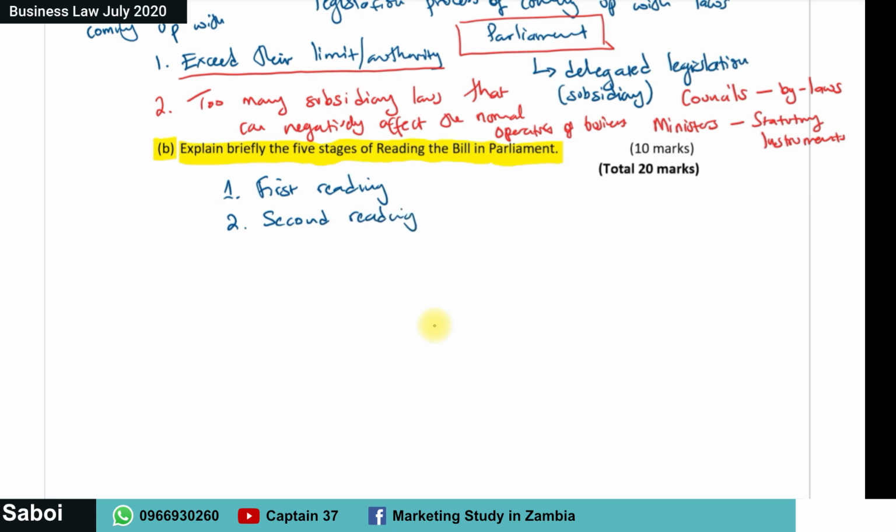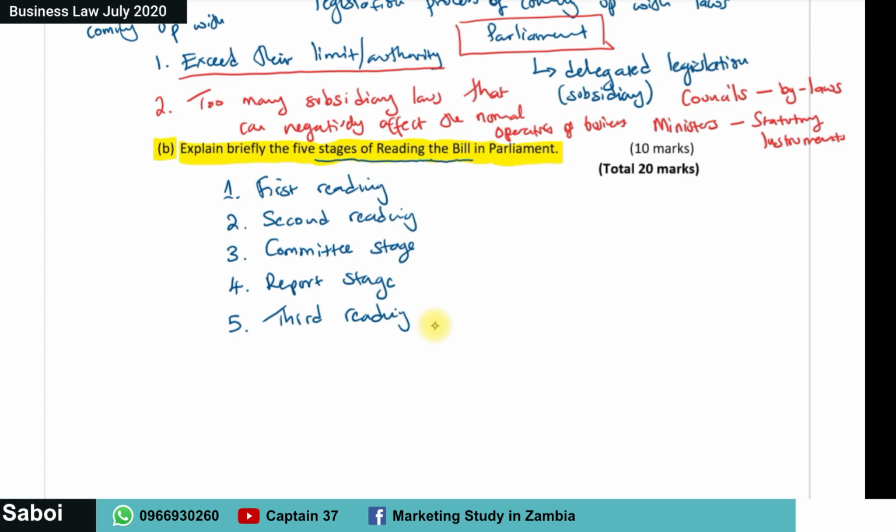After the second reading, there is what is known as the committee stage. Number 4, there's then what is known as the report stage. Number 5, third reading. So these are the stages of reading the bills.